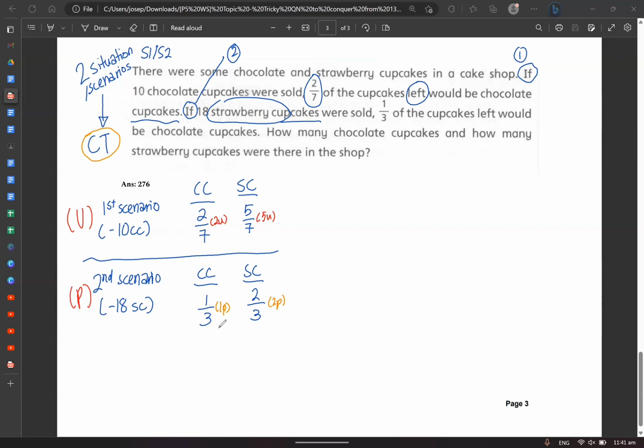I say that again. Let me highlight it for you right now. The total chocolate cupcakes in the first scenario, don't forget the ones that you have sold away, is the same as the chocolate cupcakes in the second scenario.